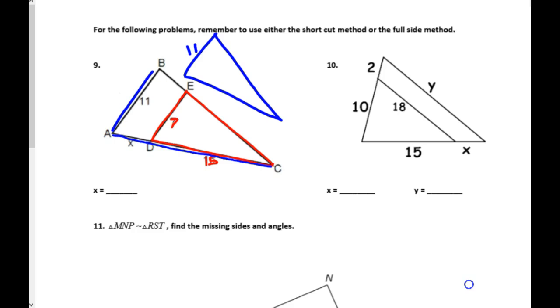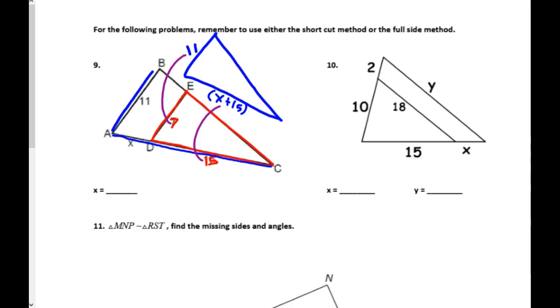So this is going to be x plus 15. Okay. So when I do this, I'm going to think little red triangle, bigger blue triangle. So 7 corresponds with 11. 15 corresponds with x plus 15. Okay?